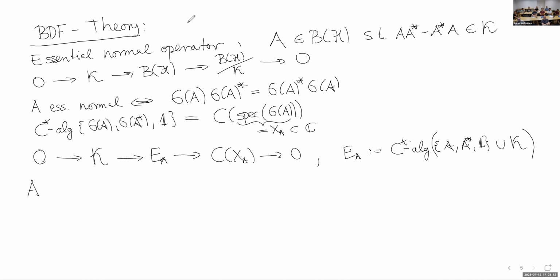How can I add extensions? For the compacts on a Hilbert space, I can take two copies of the Hilbert space, and that's isomorphic to one. So to define the sum of extensions, I should define the Busby invariant. That's a lift to my extension, and then I project down to the quotient.